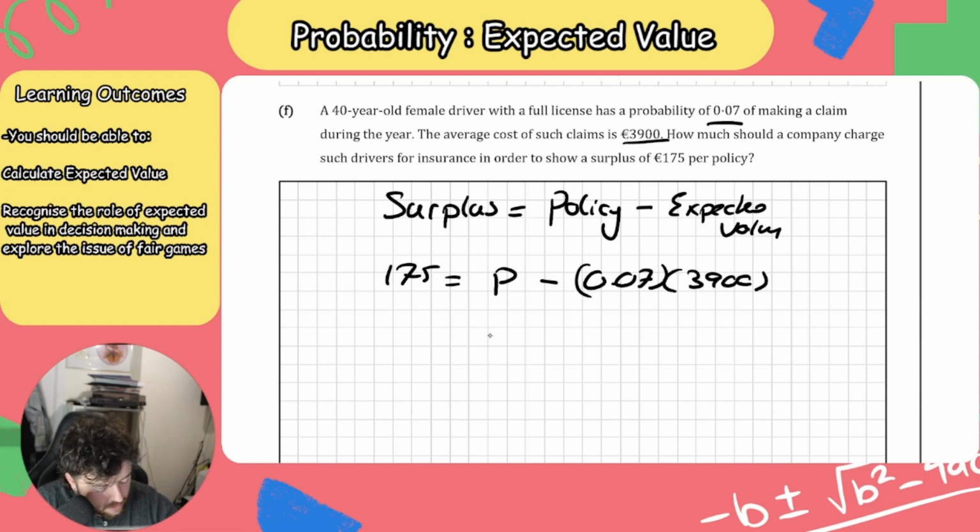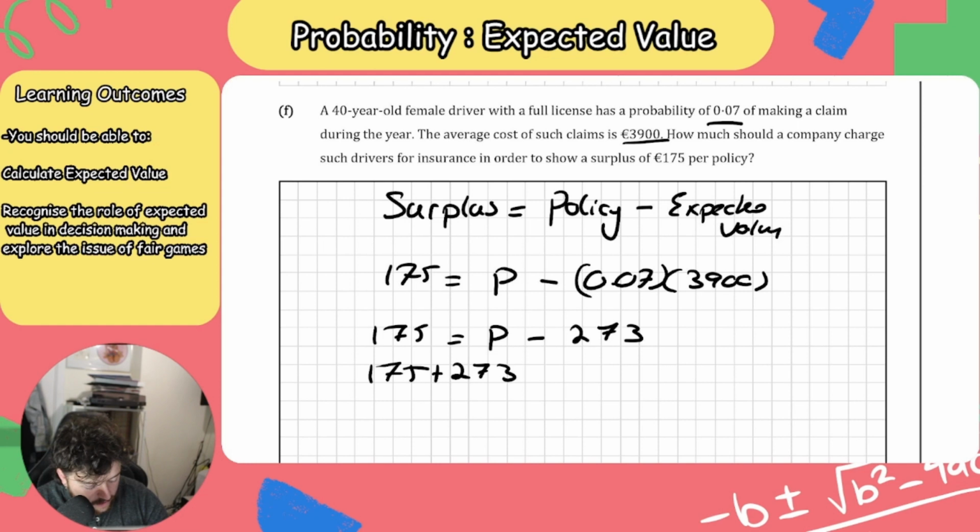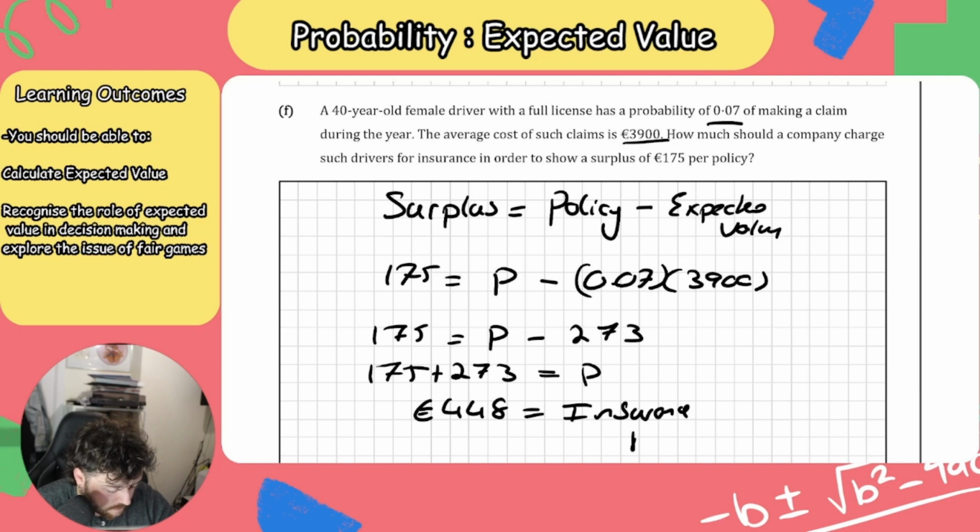So it's going to be the policy minus 0.07 times 3,900, which is 273. That's the expected value there. So 175 plus 273 is equal to my insurance policy. So €448 should be the insurance policy if I want a surplus of €175 per policy.